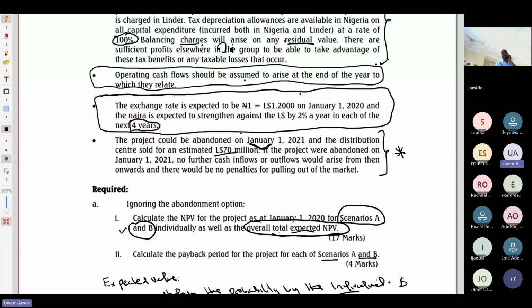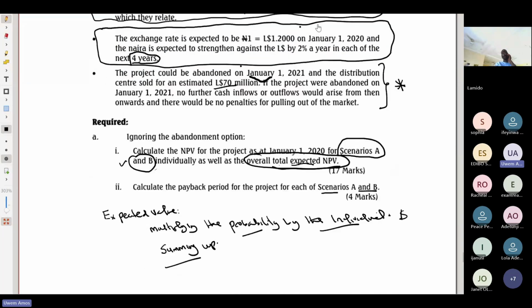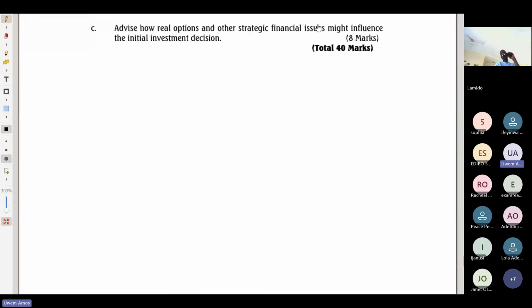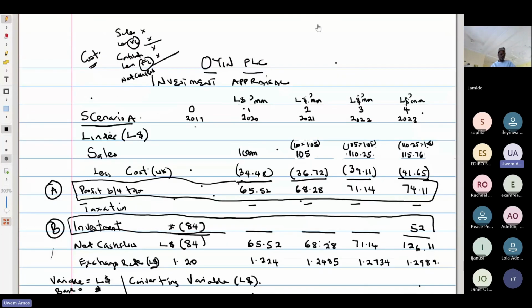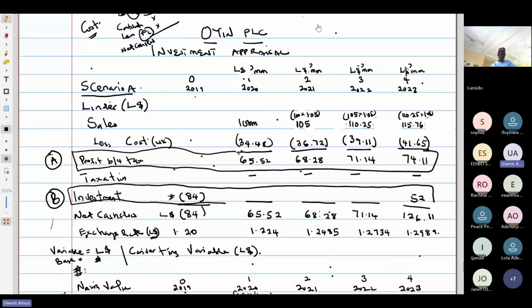Now, if you're an accountant, you know that your closing balance is your opening balance the next day. So if our question tells us that the exchange rate at the end of 2021 is 1.2485, the closing balance at the end of 2020 is 1.224. So what do you think is the exchange rate on January 1, 2021?